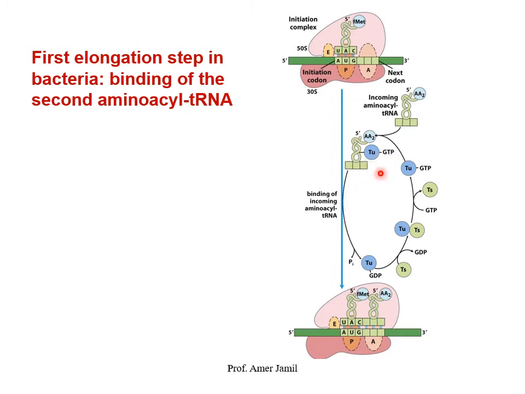So this GTP is hydrolyzed and this TU factor is released, and this transfer RNA along with the amino acid comes at this place based on this anticodon, which is complementary to this codon, and this TU is again activated by this GTP molecule with the help of another factor, which is TS.